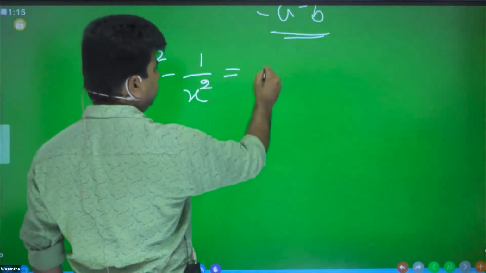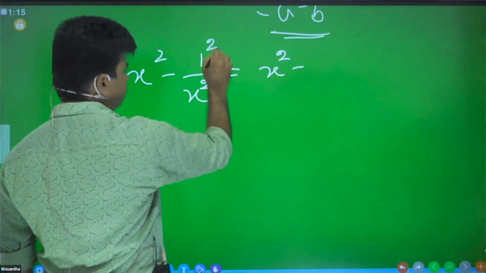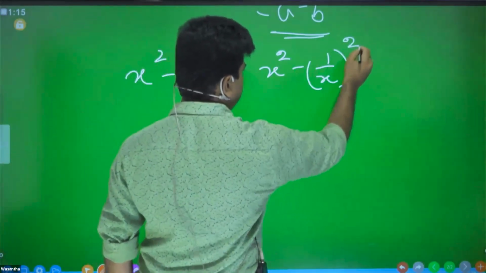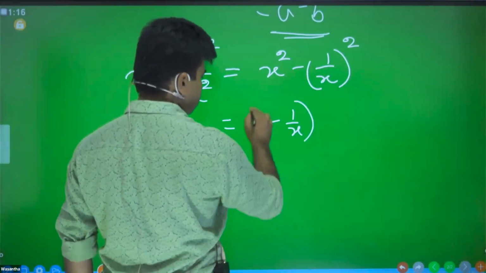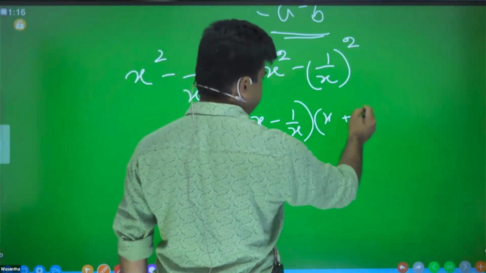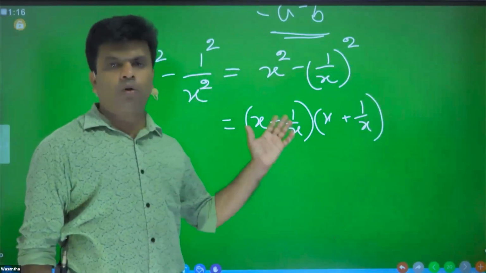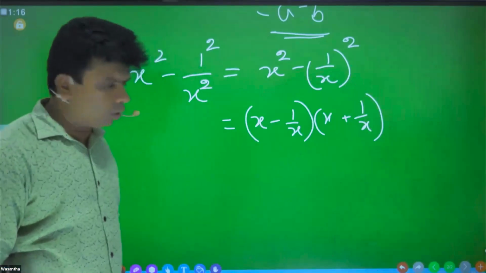That means you can write it as x squared minus, actually 1 means 1 squared, so 1 over x all squared. Then one factor is x minus 1 over x, the other is x plus 1 over x. Don't try to simplify as a fraction because this is the most simplified form. Who got this answer?